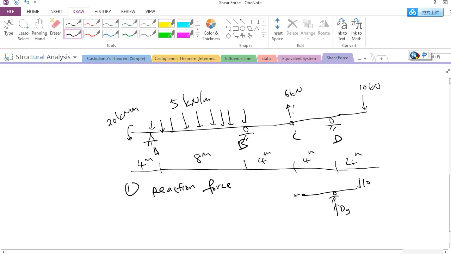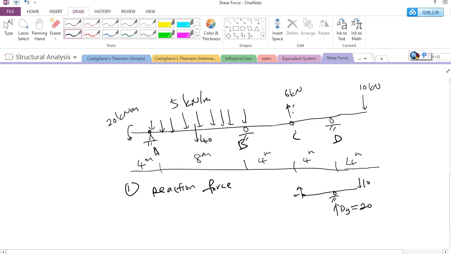Of course we have some axial force and shear force. If I take the moment at this point, we know that this is 20. So this is 40 kilonewton total load provided by this distributed load.